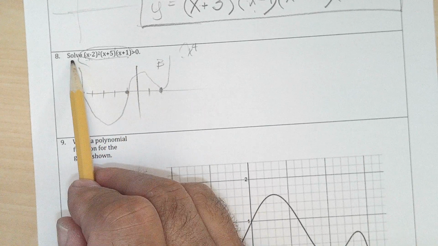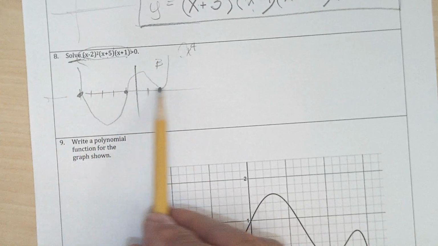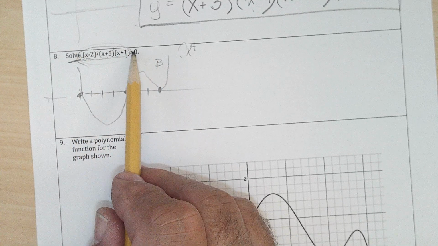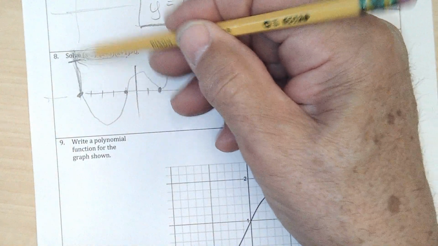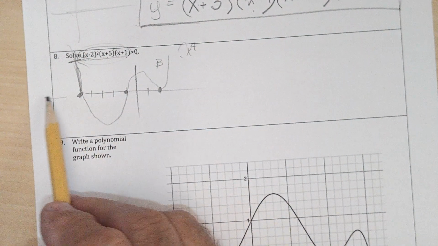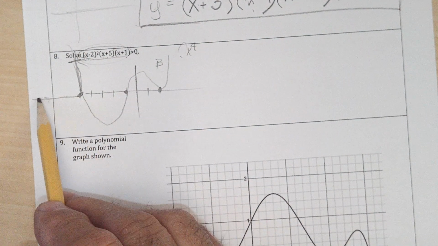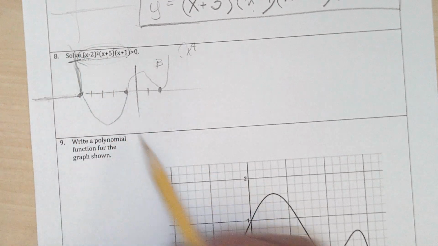when you're solving something like this, you're trying to solve for x, what x's will make this come out to be greater than 0. Well, this part is greater than 0. It's above the x-axis. And all the x values down here put into here will come out to be positive.